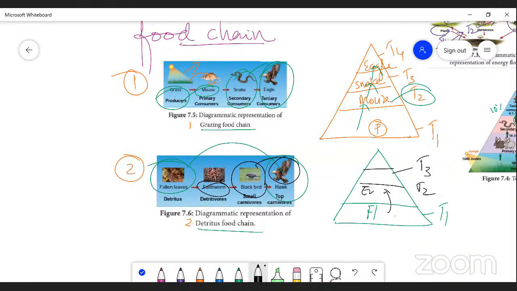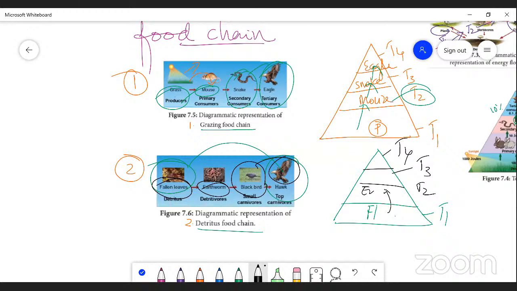The fourth trophic level is designated by the top carnivores. The moving of food material from dead organic matter to living organisms is called a detritus food chain, right?